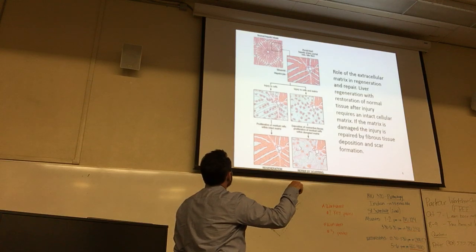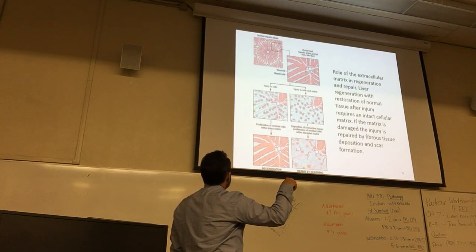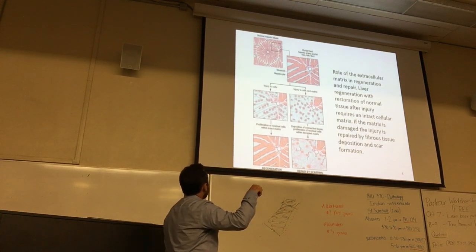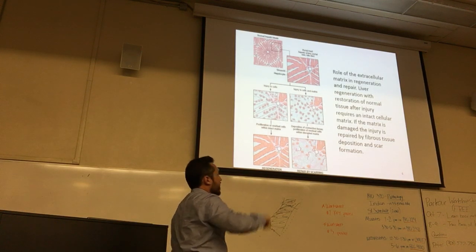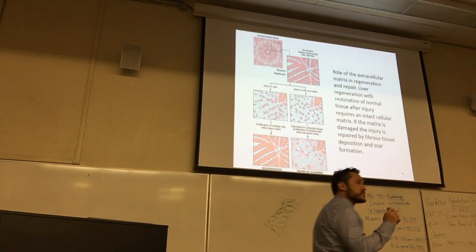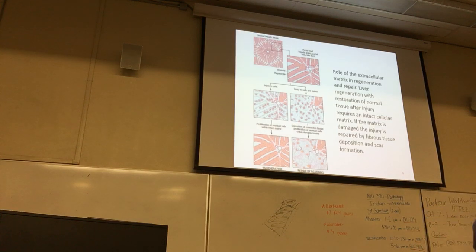You can see our portal triad right here, and we've subjected it to injury. When we result in injury that's just to the cells, and it doesn't disrupt the matrix that the cells live in, these liver cells, these hepatocytes, are able to proliferate, migrate in, and completely regenerate a functional liver.